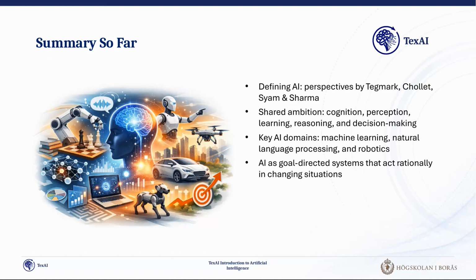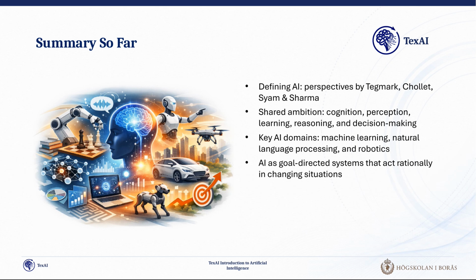From the outset, this session has organized AI around a core question and a practical framework. We began with multiple ways to define AI, from Tegmark's emphasis on non-biological intelligence, to Chollet's focus on automating intellectual tasks, to Siam and Sharma's description of AI as machines programmed to think and act like humans.